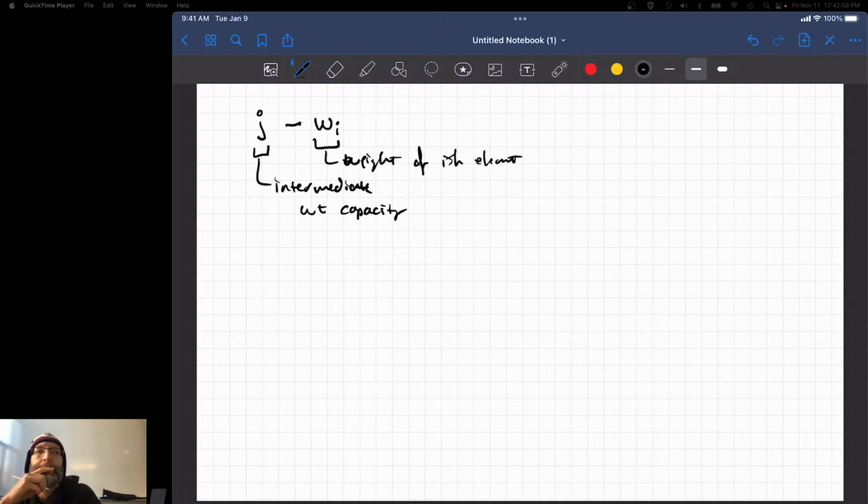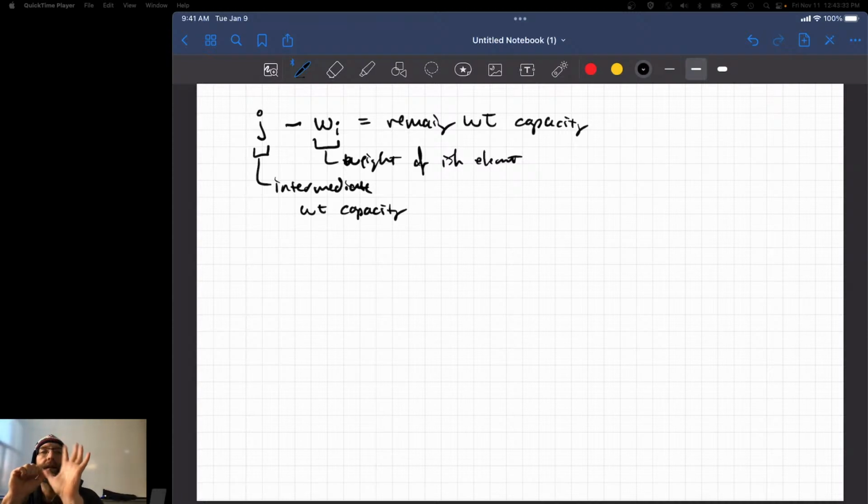So if I were to take it, then what is the remaining weight capacity? It's the difference between those two things. Right? So this is equal to the remaining weight capacity. Now tell me, what does that have to be in order for us to take this item? So if I've got a weight capacity of 5, and I try to include an item of weight 10, can I do it?